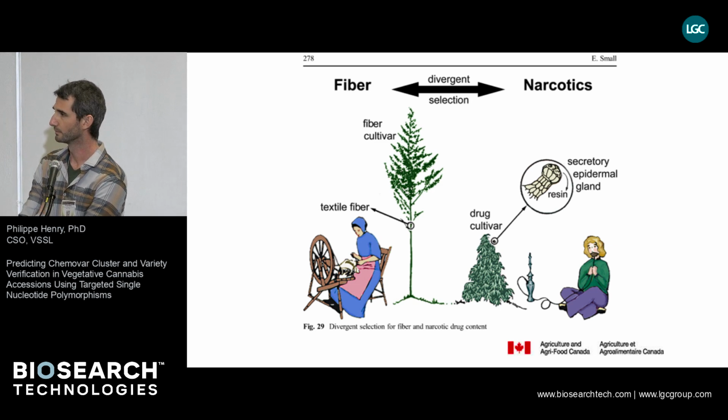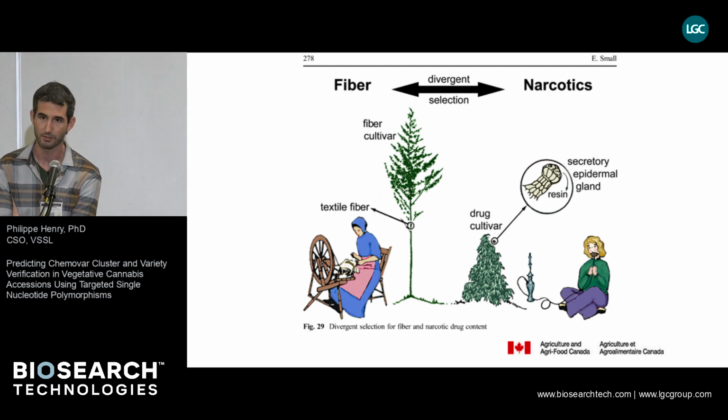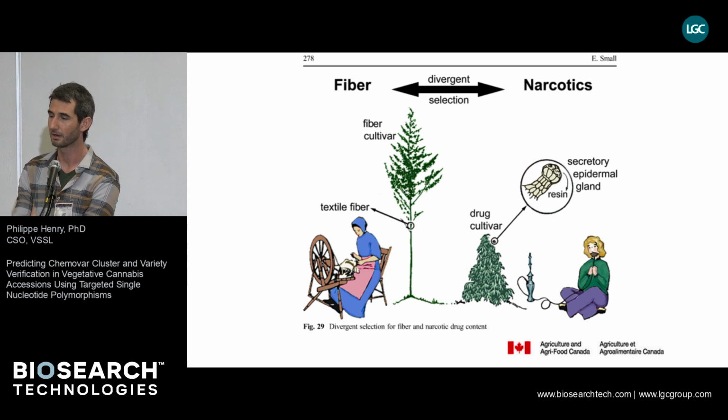Essentially, to show the difference between these two gene pools, we have here an example comparing density and also trichome size between fiber type and drug type varieties.